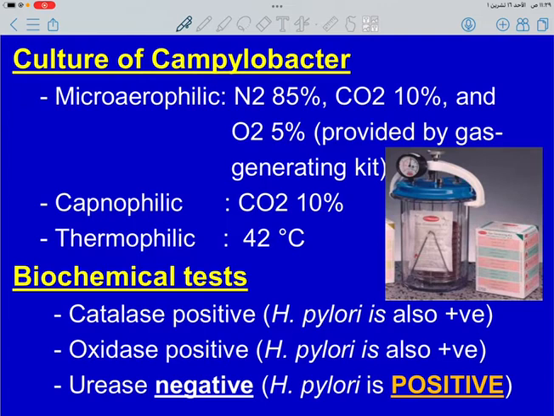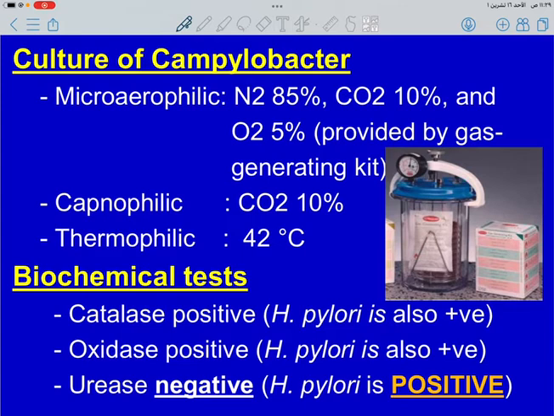This is the jar. Okay? And this sack provides for us the microaerophilic environment. يعني كيس صغير أضيف 10 ml of water and will provide for us the microaerophilic environment.